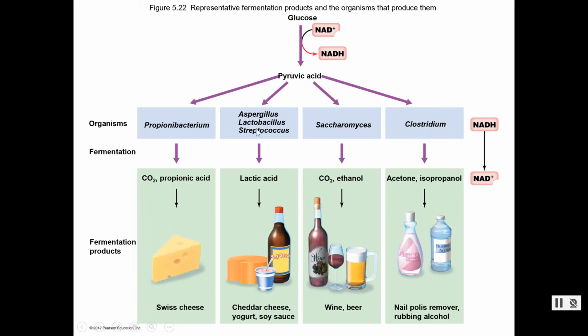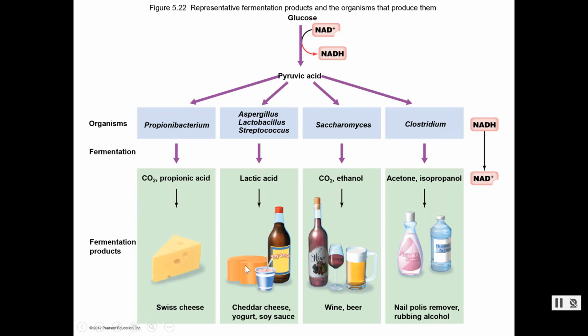There are some bacteria, Lactobacillus is one that produces lactic acid. This bacteria is responsible for your yogurt and your live yogurt cultures, when they talk about live bacteria. These are the bacteria Lactobacillus that is used to take milk, your sugar, and undergo fermentation and produce acidic end products that turn it into yogurt.